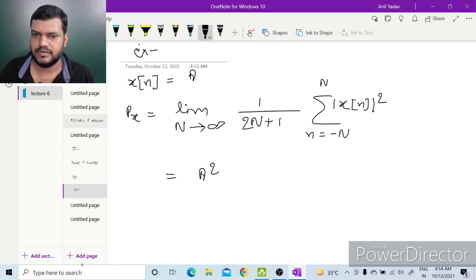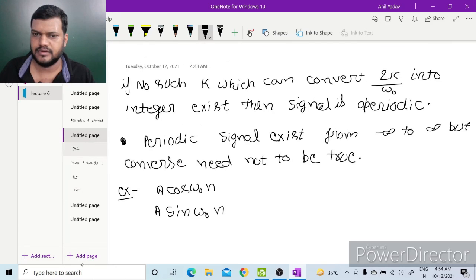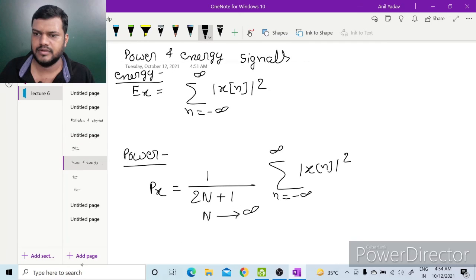Wait. We have given here, for energy, n is from minus infinity to infinity. But for power, this is not from minus infinity to infinity. This is from minus N to N. This is N and this is minus N. n is from minus N to N. Okay.